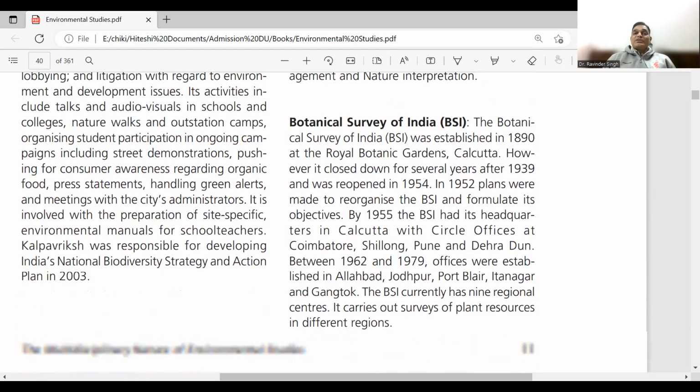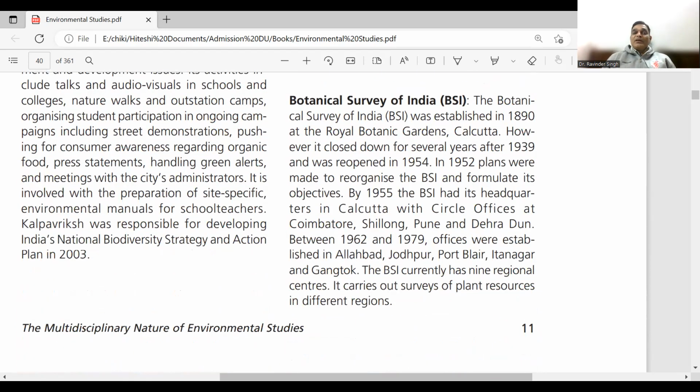Next one is Botanical Survey of India, BSI. The Botanical Survey of India was developed in 1890 at the Royal Botanical Garden, Calcutta. However, it closed down for several years after 1939 and was reopened in 1954. In 1952, plans were made to reorganize the BSI and formulate its objectives.